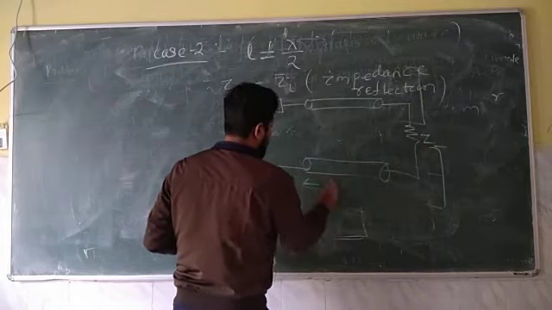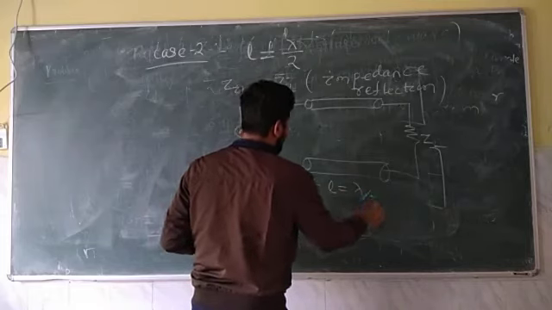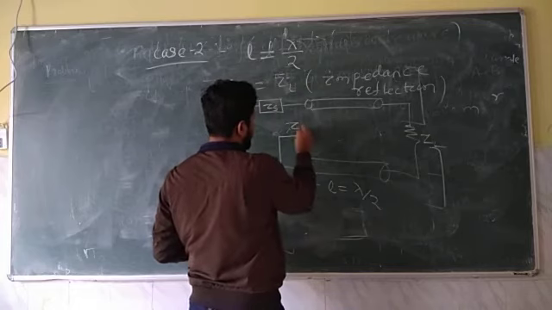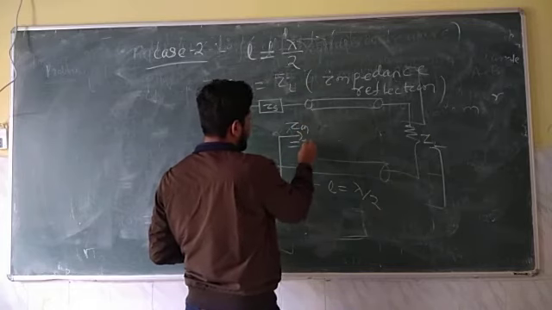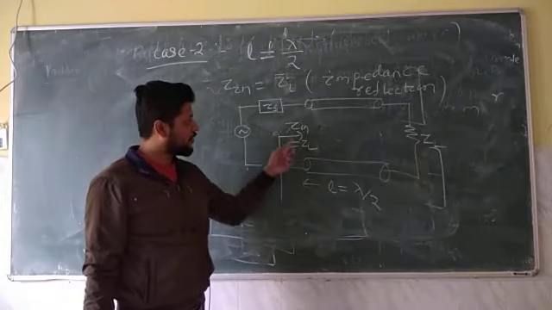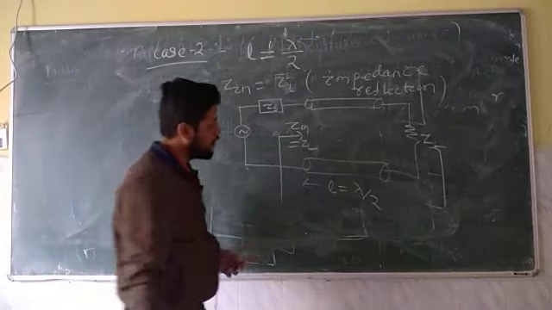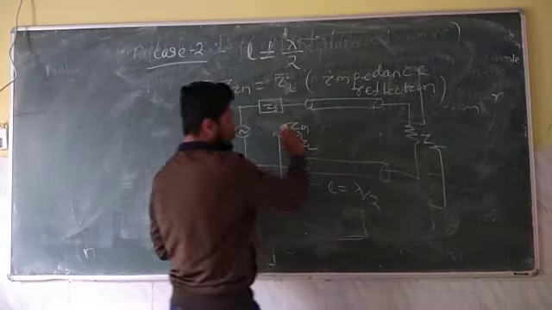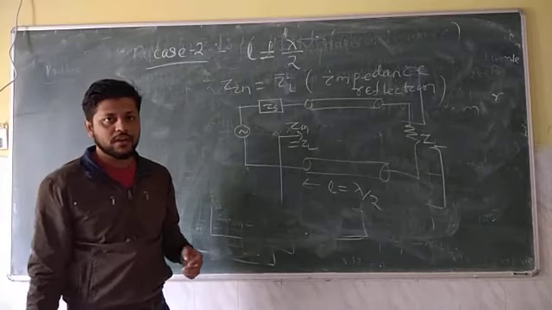So for L equal to lambda by 2, this impedance Zin must be equal to ZL. Now we have calculated this impedance Zin is equal to ZL. So whatever may be the impedance present here, it will be reflected to the input side.